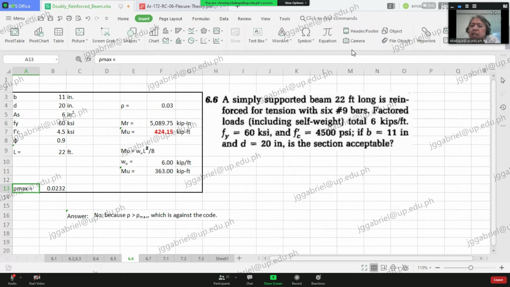Why does the code limit the rho? Why is the steel ratio being regulated, kept to a maximum? There is a specification. Anyone remembers?